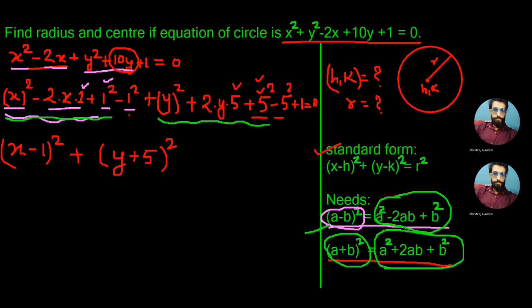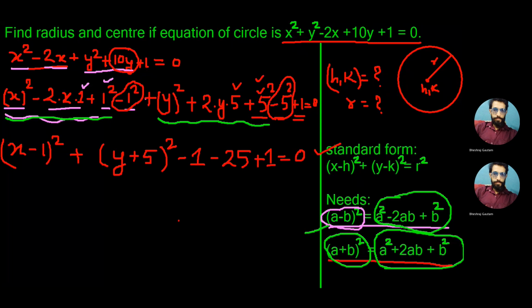Now we write this minus 1 square that we have left before here as minus 1, and this minus 5 square as minus, and 5 square means 25, and plus 1 from here is equal to 0 on the right side.